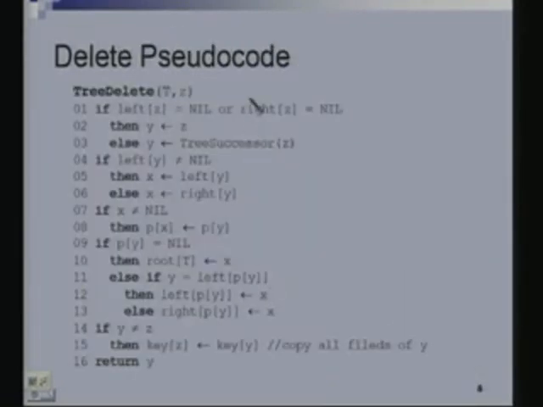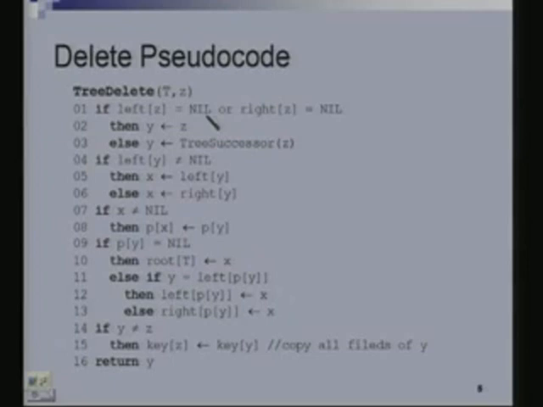So this is pseudocode for the deletion, just so that you understand roughly what is happening. We don't have to look at it in great detail. If the left or the right is null, then what do we know?